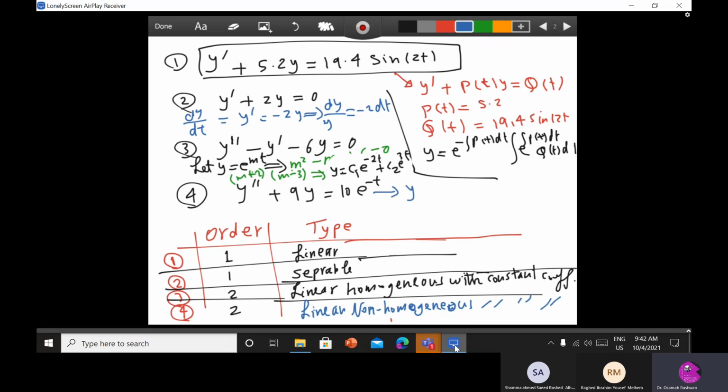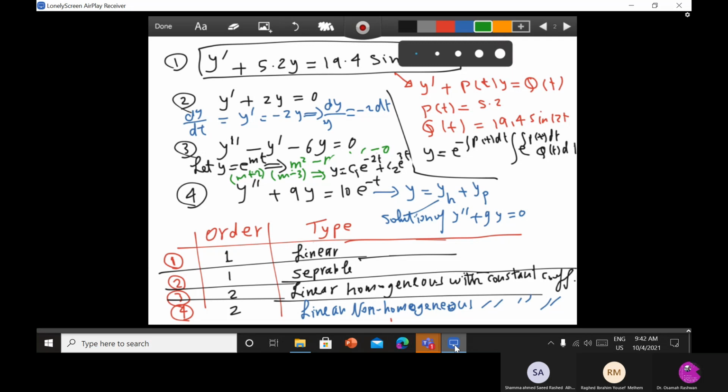You have y equal to yh plus yp. yh is the solution of the homogeneous part equal to 0, and we know how to solve this one, similar to number 3, right? What about yp? yp depends on the right-hand side, right?